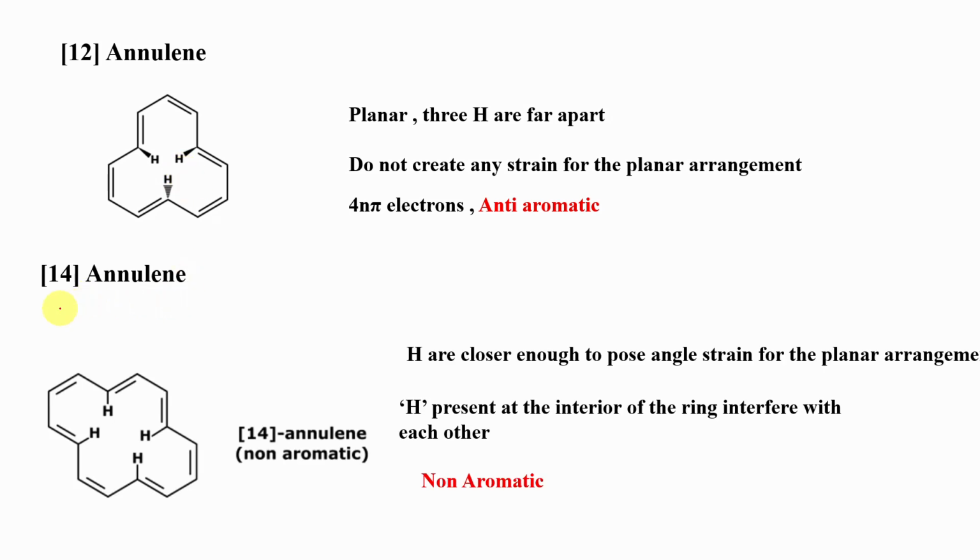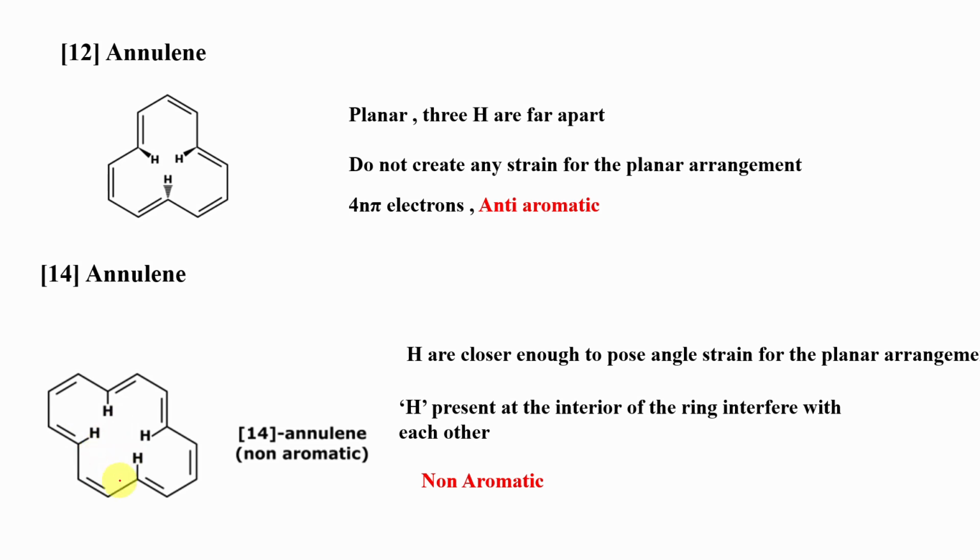Then we can take the next annulene, 14 annulene. It is the structure of 14 annulene, but it is non-aromatic. Even though 14 is a Hückel number, 4n plus 2 pi, according to the 4n plus 2 pi rule it should be aromatic, but these hydrogens are close enough to pose strain for the planar arrangement, and hence it is non-aromatic because planarity is lost because of the interaction of the internal hydrogen atoms between each other.